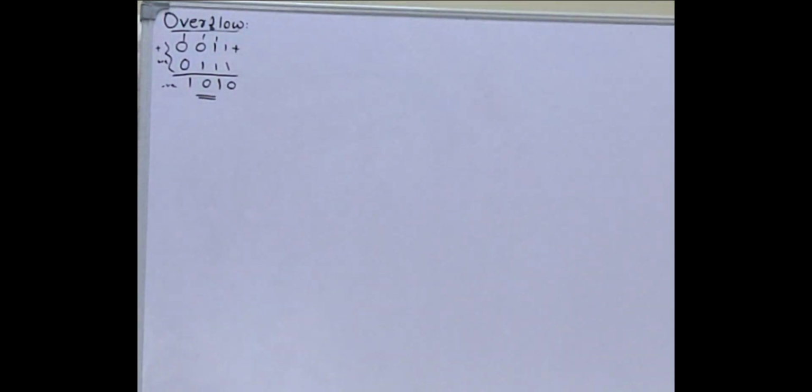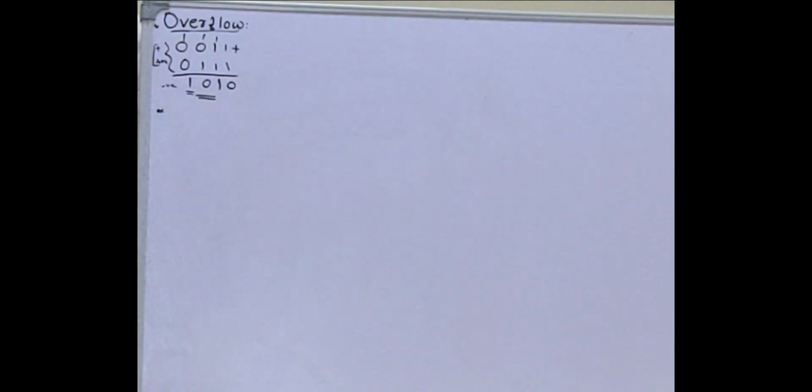This is a condition for overflow, and if the addition of two 8-bit numbers exceeds 8 bits, it is also a condition of overflow. So because of the conflict in the sign of the numbers, an overflow will occur.